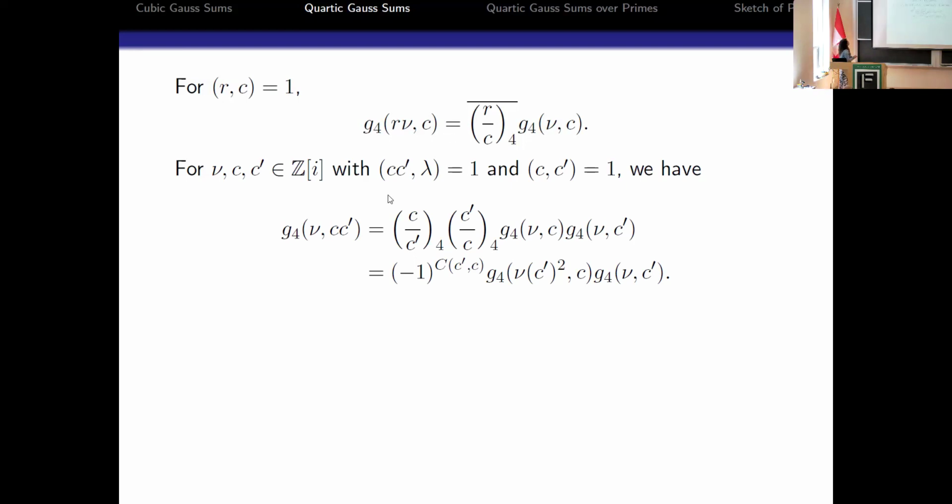G of nu, C C-prime is G of C times G of C-prime up to this factor right here. And using this identity along with this one, one can also arrive at this identity, which again turns out to be very important in our work.